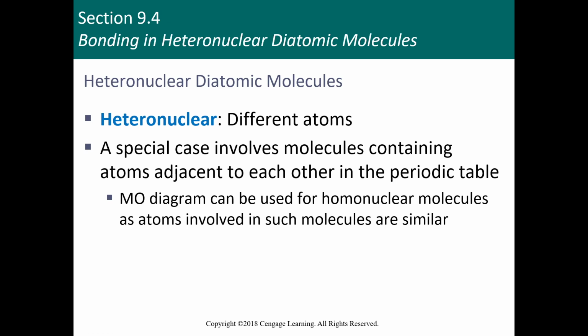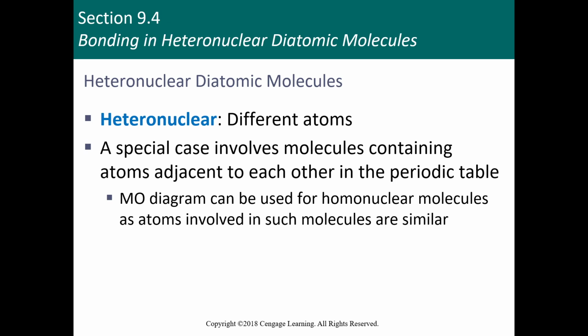All right, so heteronuclear diatomic molecules. The homonuclear diatomic molecules had the same nucleus on both sides. Okay, so again, this is going to be where you have different atoms. There is a special case that involves molecules containing atoms adjacent to each other in the periodic table.